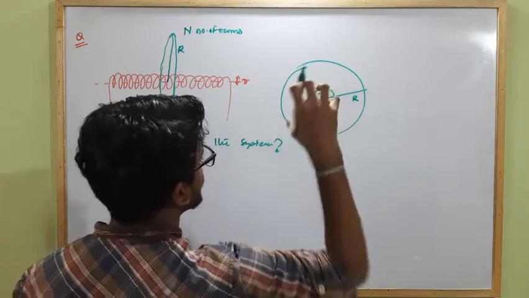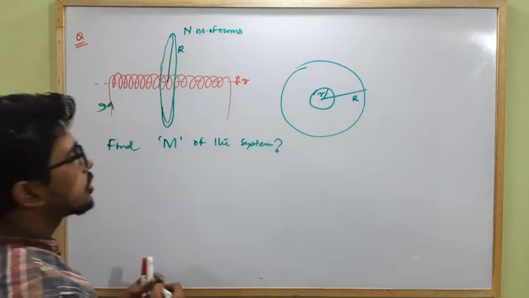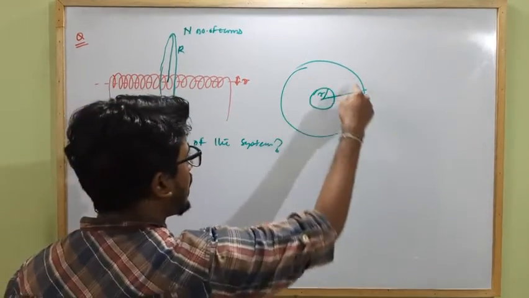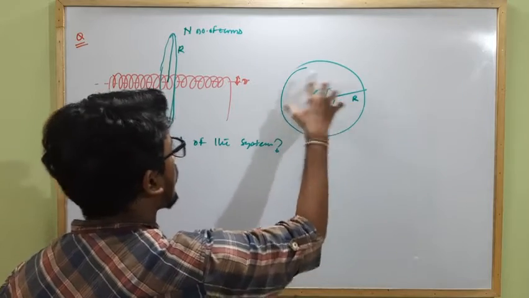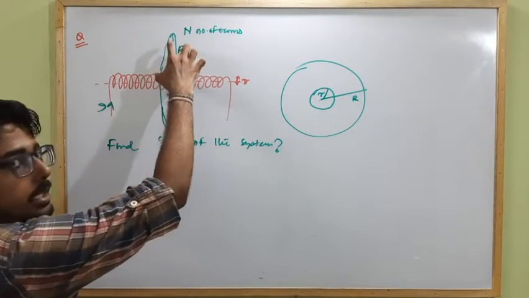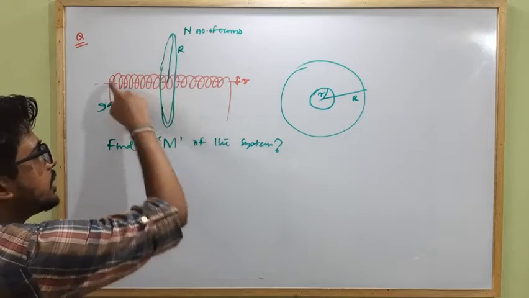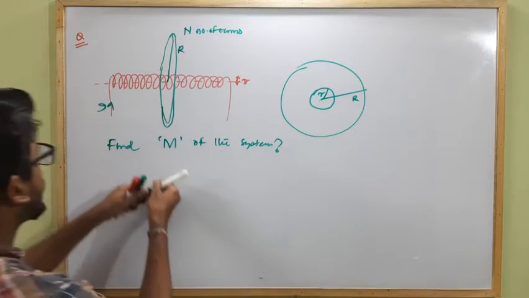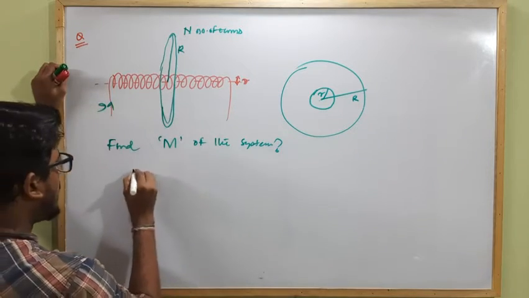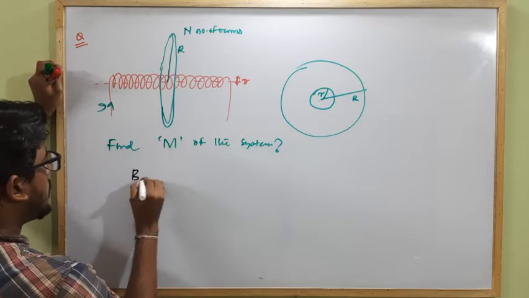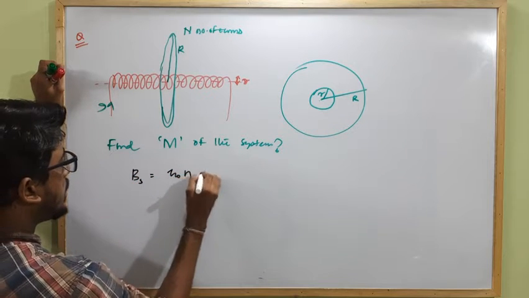So what is the flux linked with the larger ring of radius R due to this solenoid? We know if the solenoid is carrying current I, the magnetic field produced by the solenoid is Bs equals mu naught n into I.